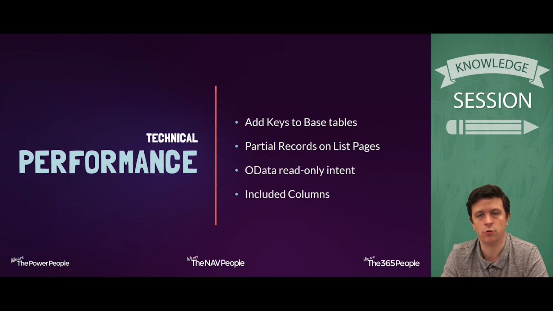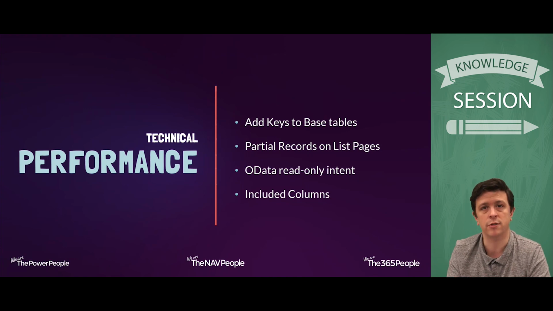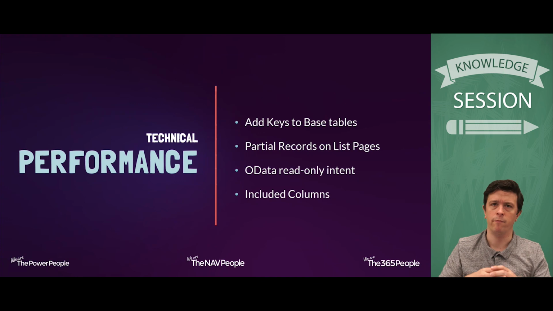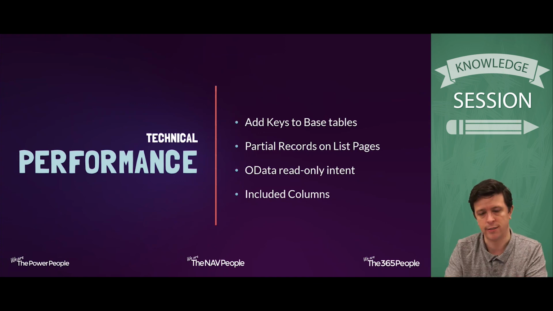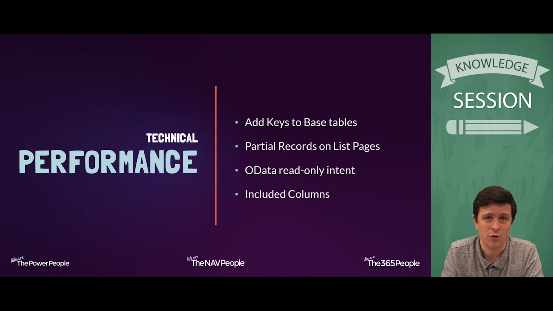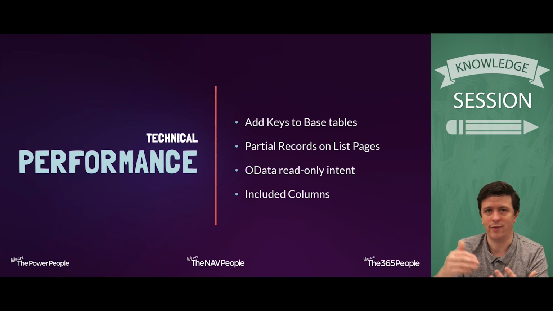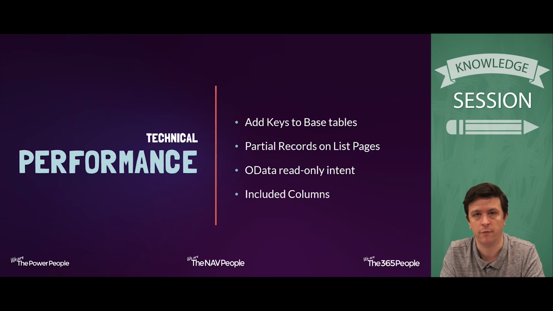Next up, this idea of partial records. This gets into a fairly technical area about how adding fields to tables through extensions can slow your system down if it's done en masse and probably through too many different extensions. Fundamentally, under the hood, SQL has to work really hard to get the data from lots of places to provide you that item list, wherever it may be.